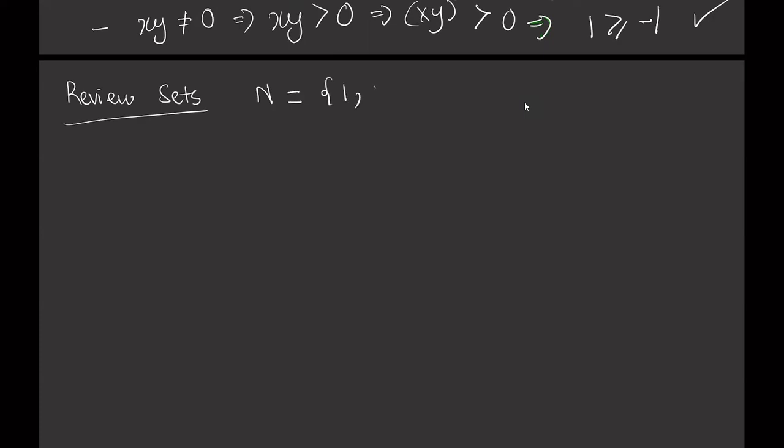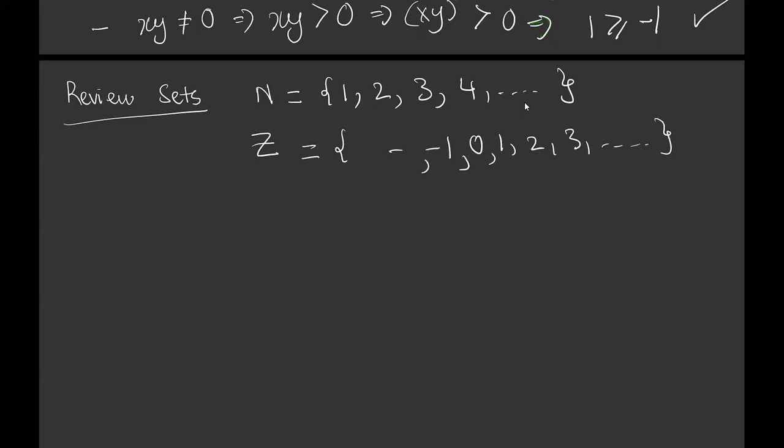So it starts from 1 and increments by 1 each time. And you have the set of integers, which is Z. It is like N, but it also contains 0 and negative numbers.